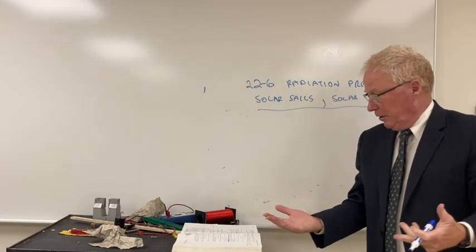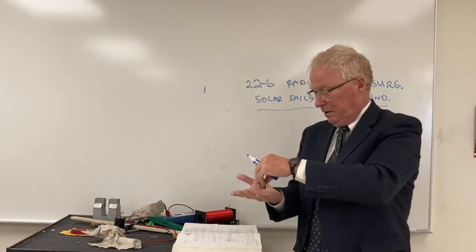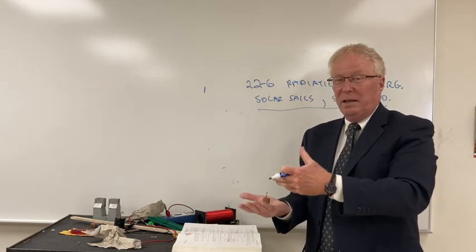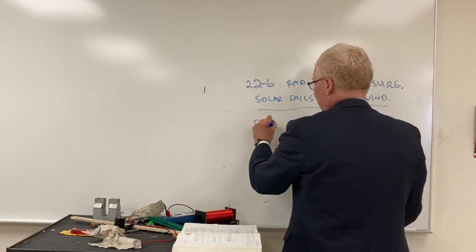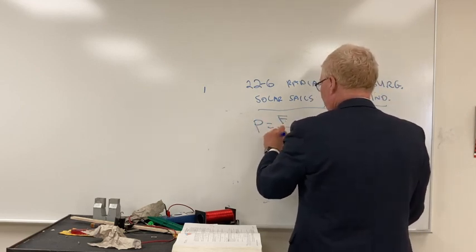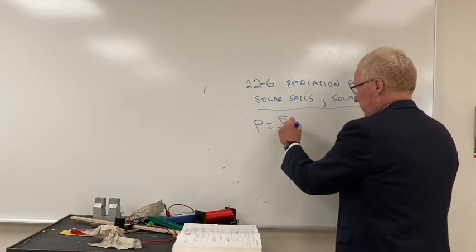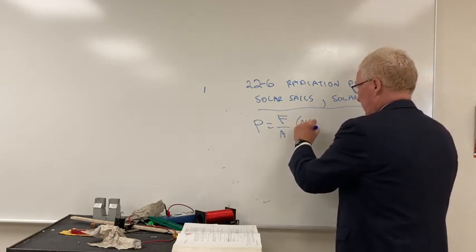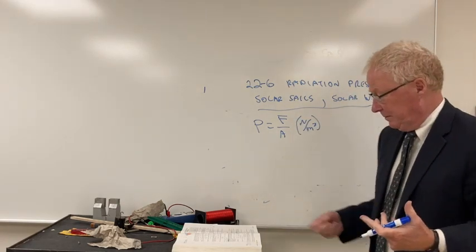Now we have pressure, a certain amount of weight over a certain area exerts pressure. Pressure P is force over area, in units of newtons per meter squared. Light does the exact same thing.